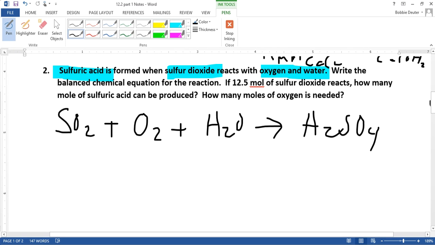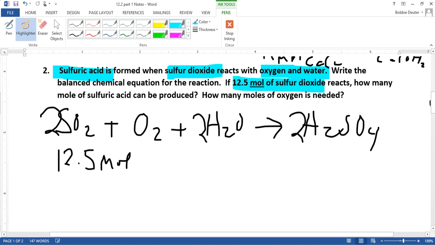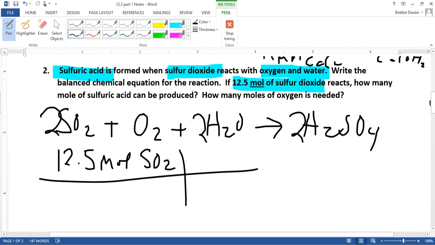In order to do that, we have to have some more oxygen, so we put 2 here, here, here. We are given 12.5 moles of sulfur dioxide, and it wants to find out how many moles of sulfuric acid we have.